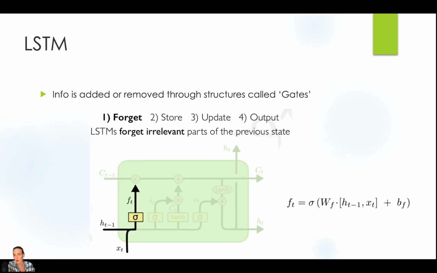All right, so LSTMs have 4 kinds of gates. So they do 4 types of actions. They forget information, they store information, they update, and they output the results. So first it decides which information to remove from its state through the forget gate. All of these gates are represented as a sigma sign.